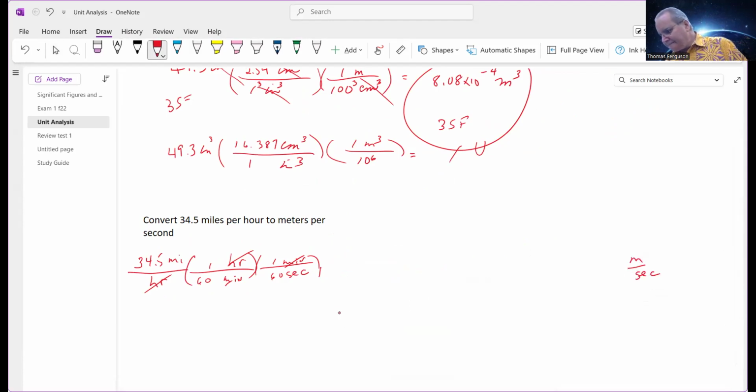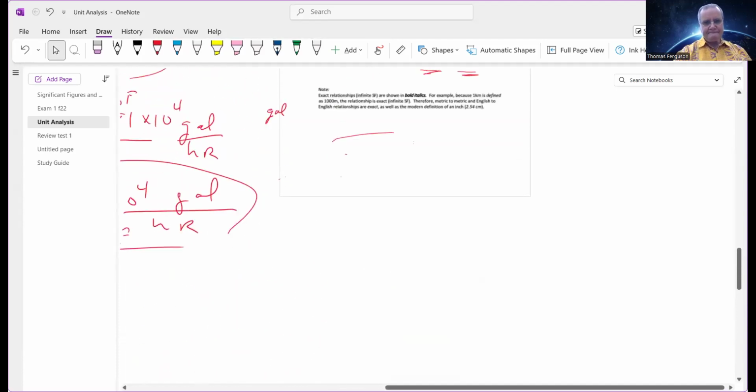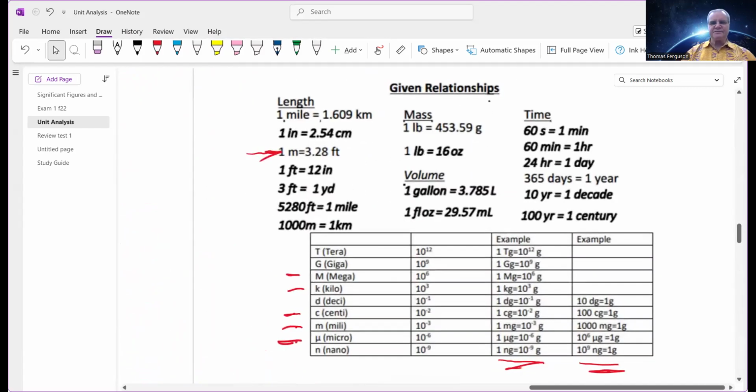Okay, so miles to meters. Well, we can go from a mile to a kilometer. Notice it's not boldface, which means that is 4 sig figs, not infinite.